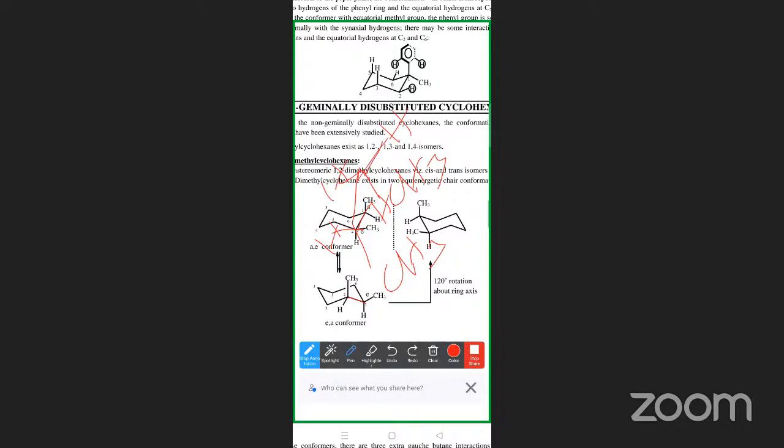Right? So the two methyls are in the same direction. Okay? And when you convert that, so, right? So when you convert this into, right? And this methyl will be, right?